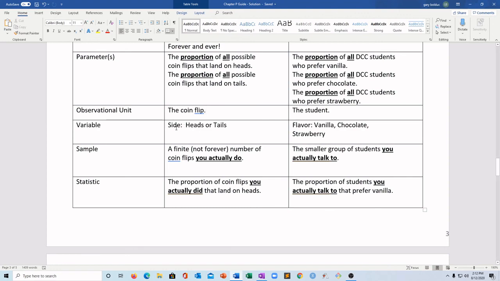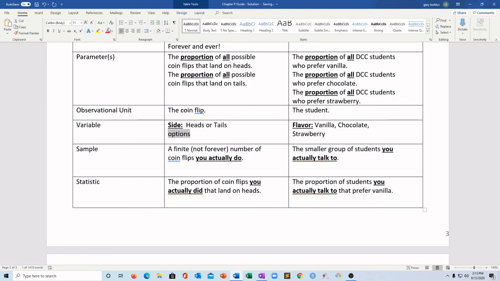So we have to be a little careful here. When I'm saying the variable, I mean, in this case, side is the variable, and then flavor is the variable. These other pieces of information I've written down, the heads or tails, the vanilla, chocolate, strawberry, these are all options of the variable.